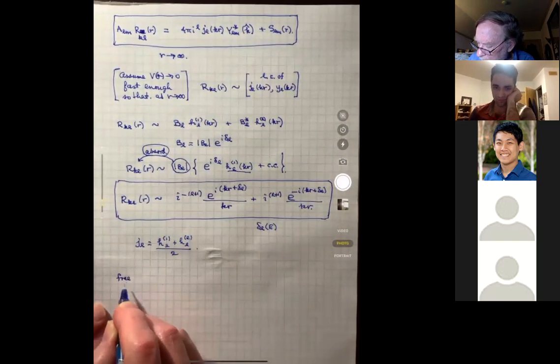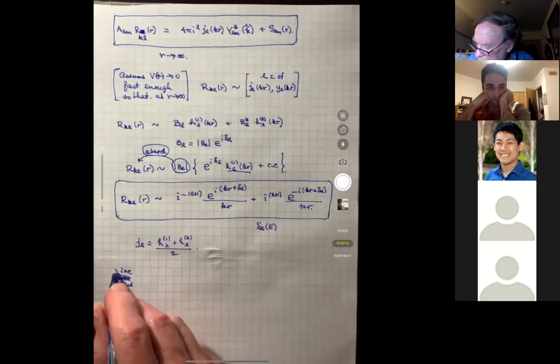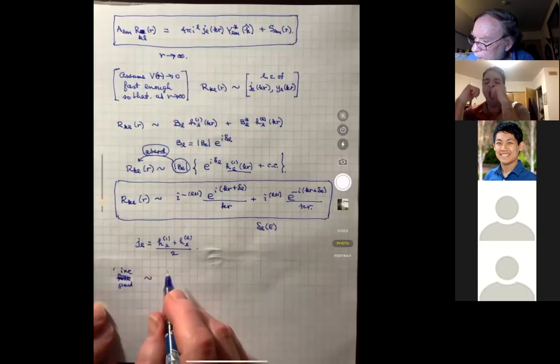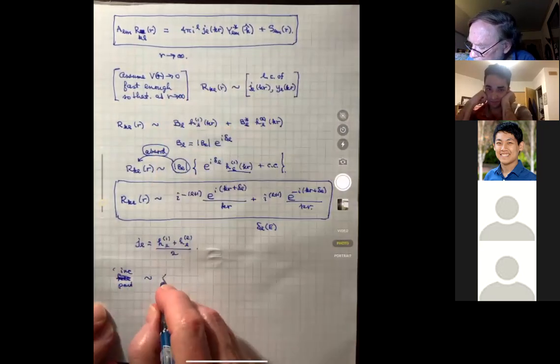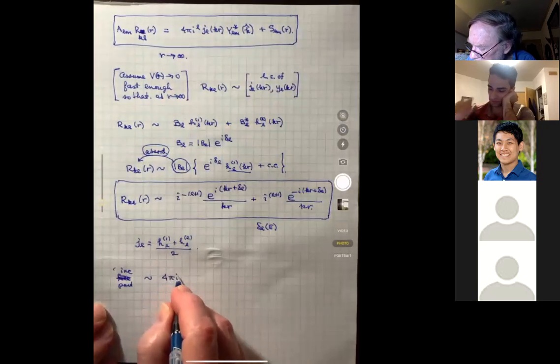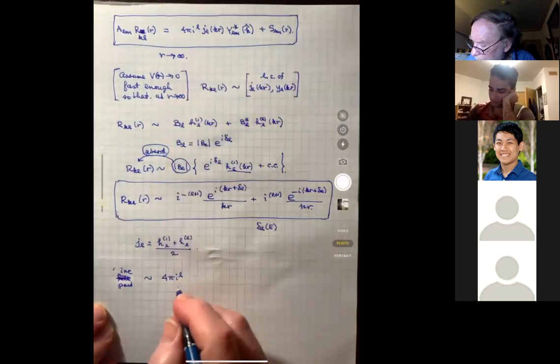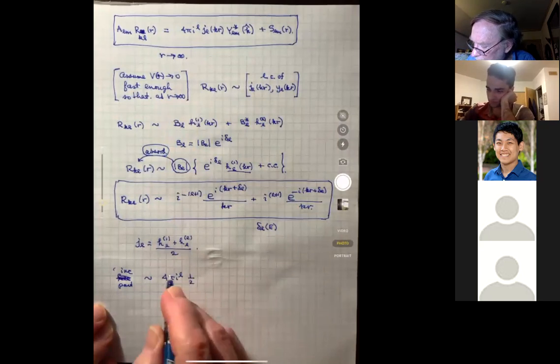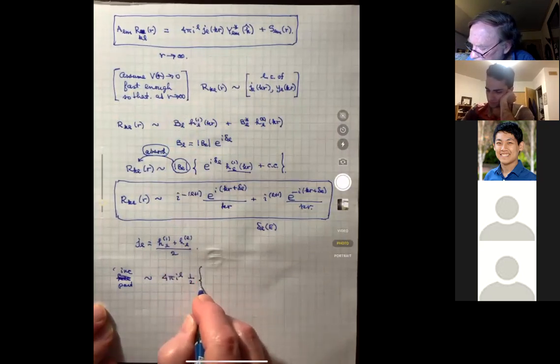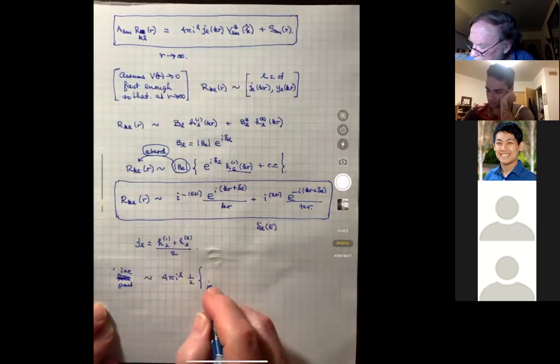The incident part. The incident part goes like, what does it go like? It goes like 4 pi i to the L. Then the asymptotic form of JL, which has got a 1/2 from that 1/2 there. And then the asymptotic forms of the H's, the 2 H's.